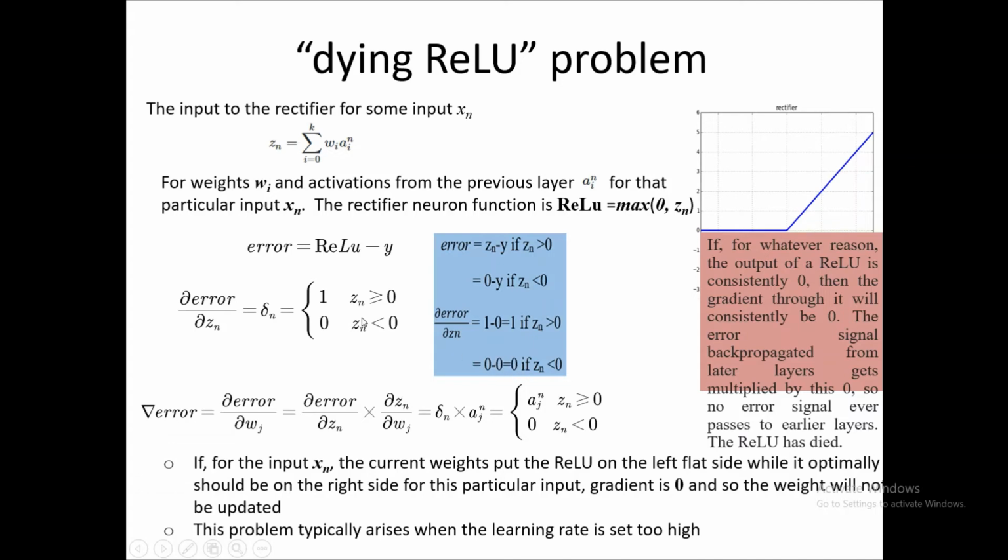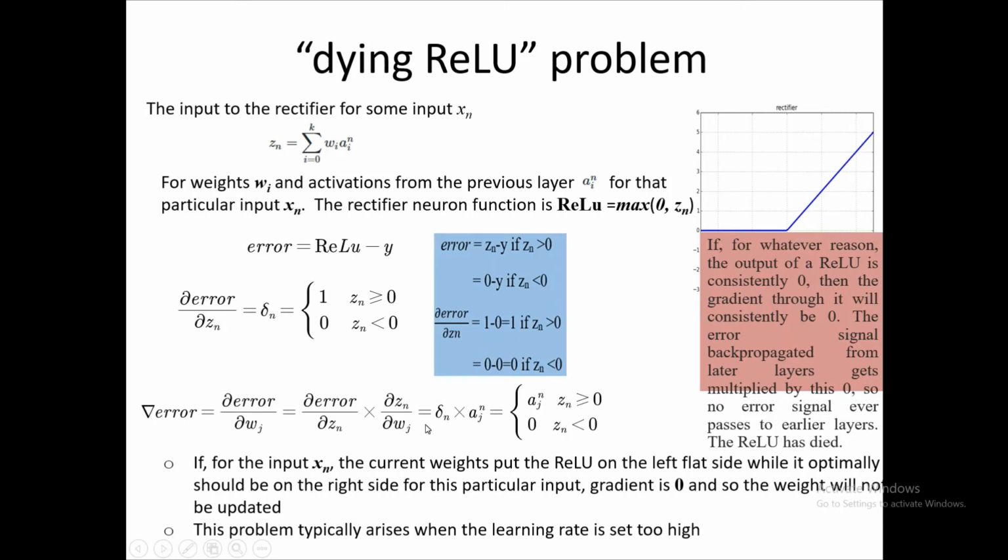So the derivative of error with respect to Zn will be 1 if Zn is greater than 0, and 0 otherwise. Similarly, if we take the derivative of the error with respect to w, our parameter weight, using the chain rule we can express it as the derivative of error with respect to Zn times the derivative of Zn with respect to weight.